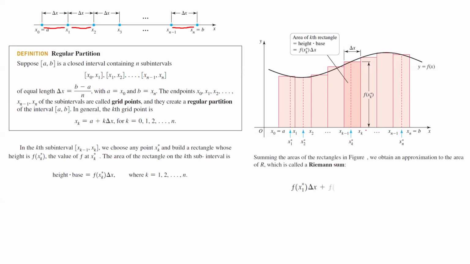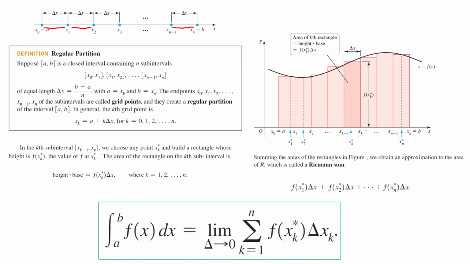Adding all of these areas together gives us the Riemann sum, which is a good approximation for the area below the curve. Eventually, as you remember, we take the limit of the Riemann sum as delta goes to 0, and we define the definite integral of f of x dx, where x ranges between a and b.